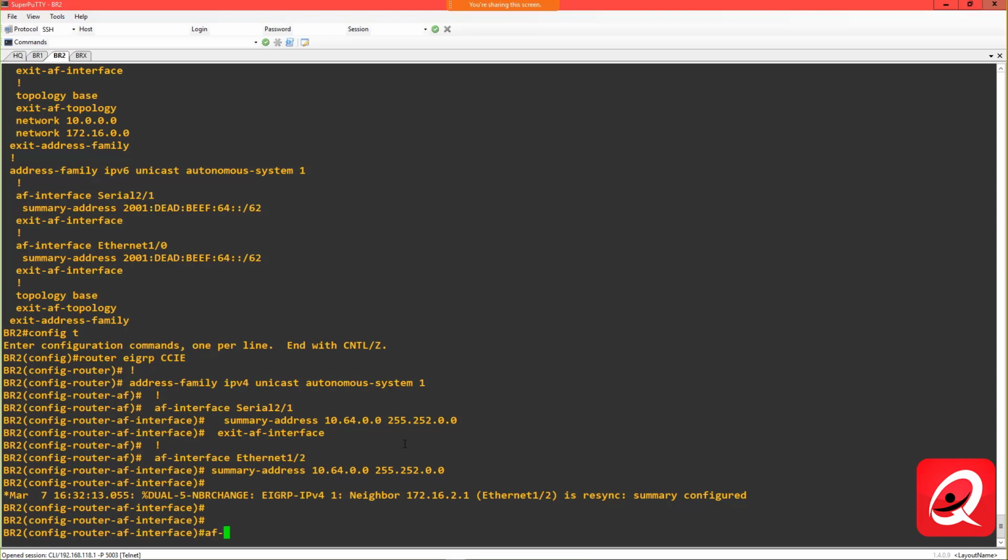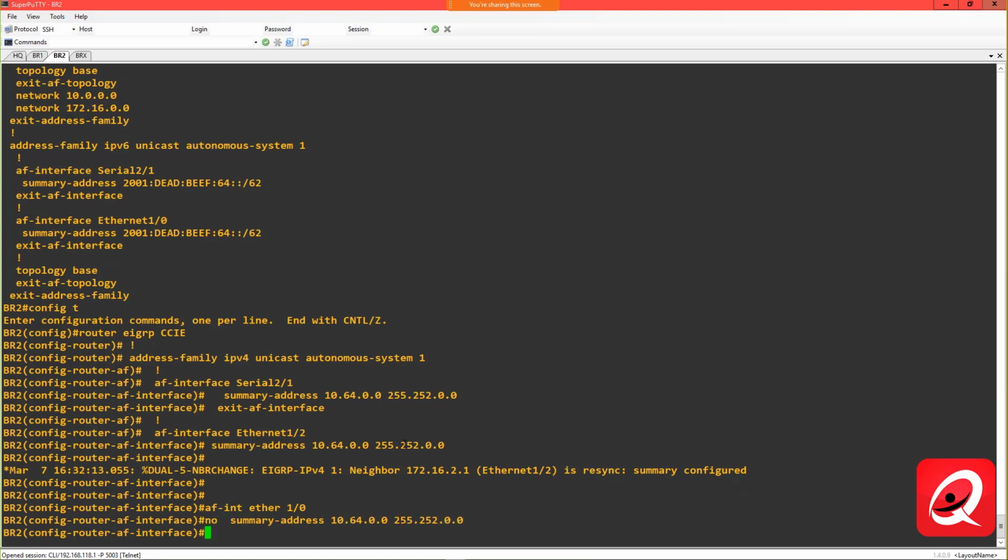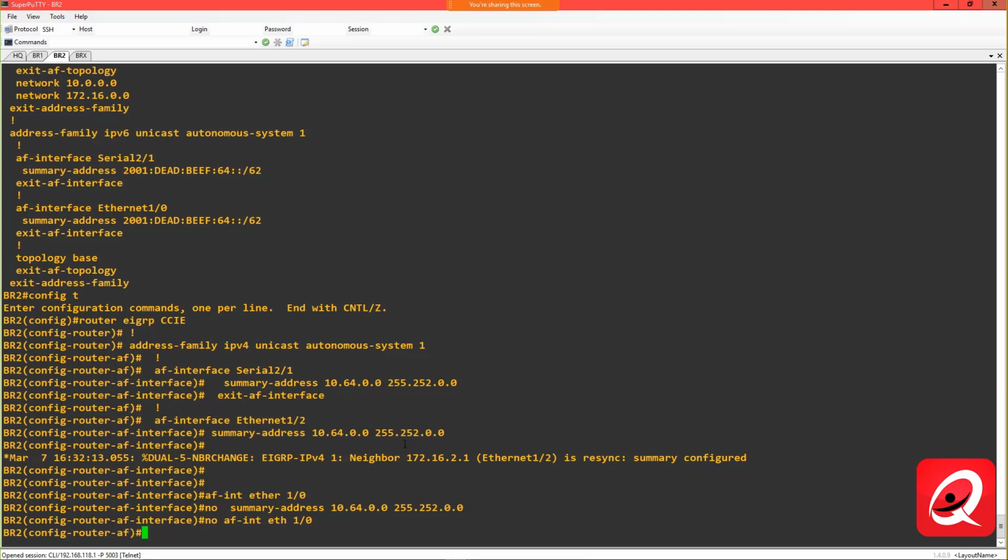So AF interface Ethernet 1.0. And let's just get that out of there. Actually, let's just do no AF interface Ethernet 1.0. Okay. And let's go ahead and clean up this one as well.